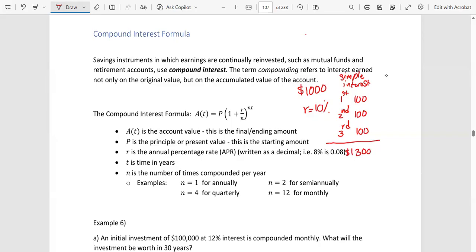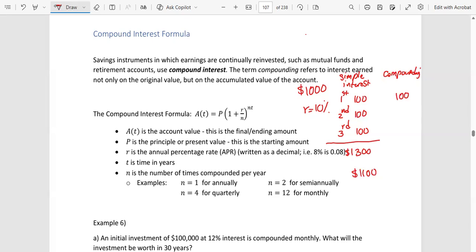But if it's compounding interest, you're supposed to receive 10% interest on that $1,000. So at the end of the first year, you receive $100. That means the money in the account is $1,100 at the end of the first year.